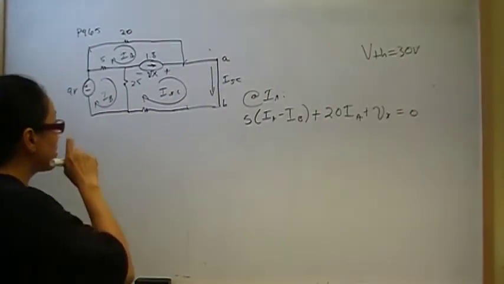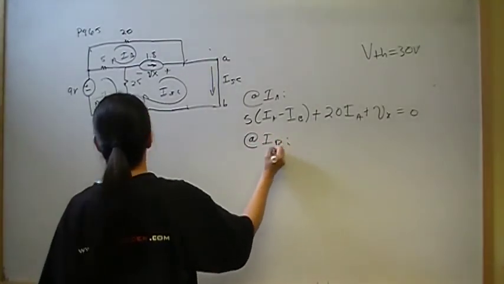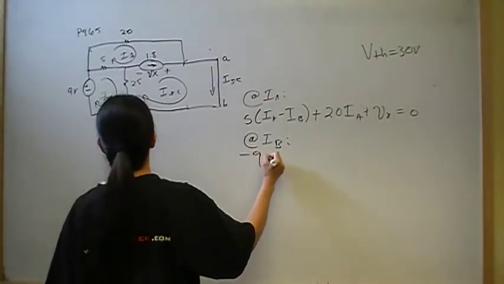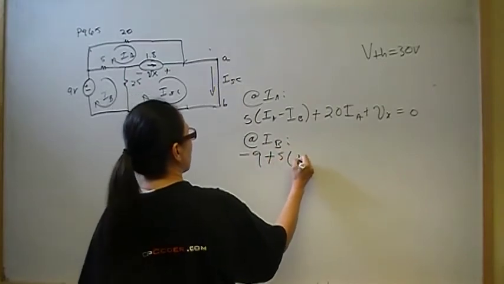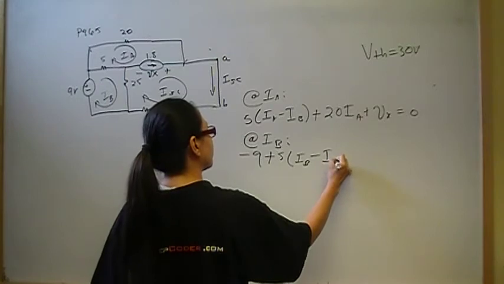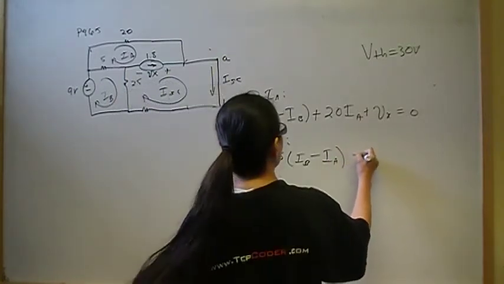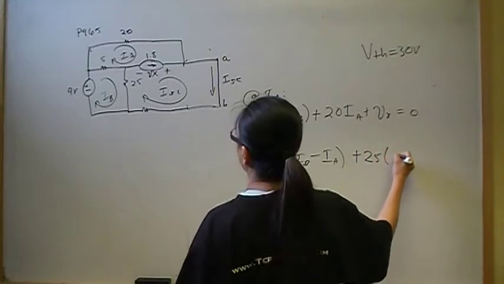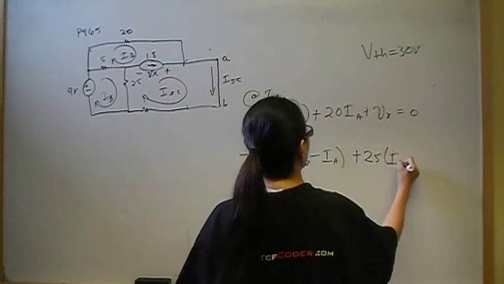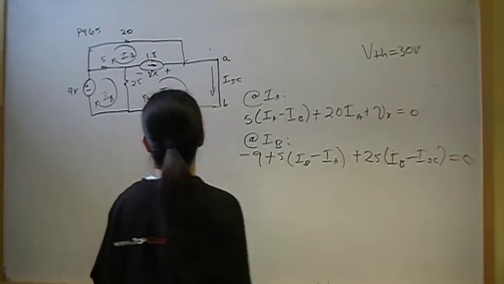So the equation is still the same. Then mesh at IB, that's going to be minus 9 plus 5 times IB minus IA, and then plus 25 times IB minus I short circuit. All that is equal to 0.